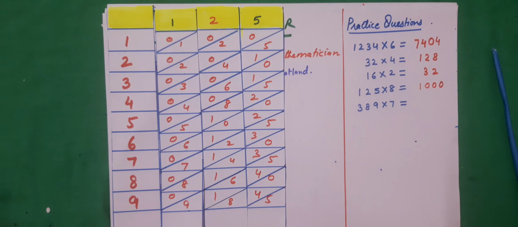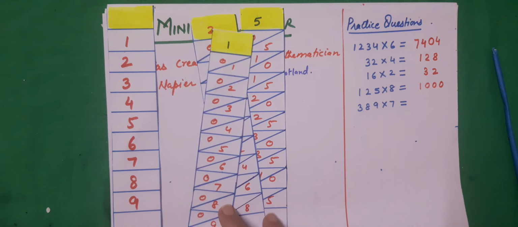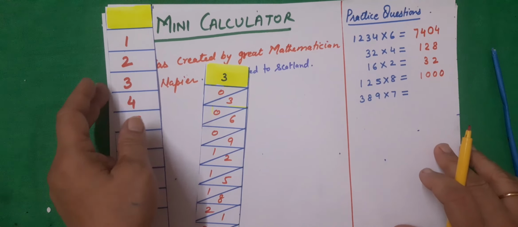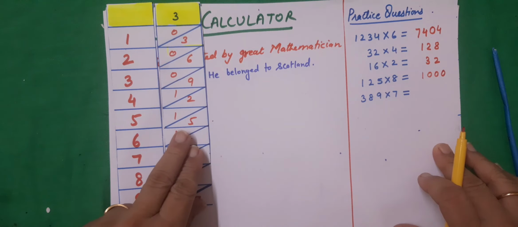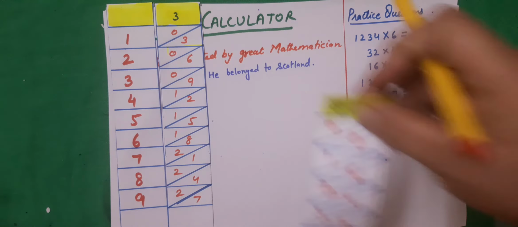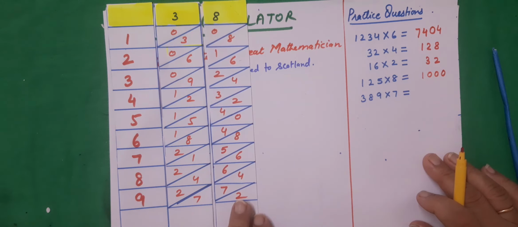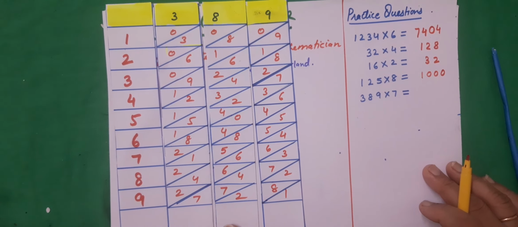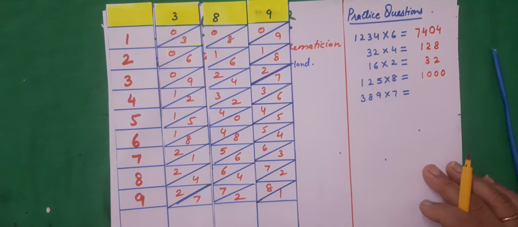Let's practice one more quickly. 389 into 7. So let us keep these sheets here. I will look into the row number 7.